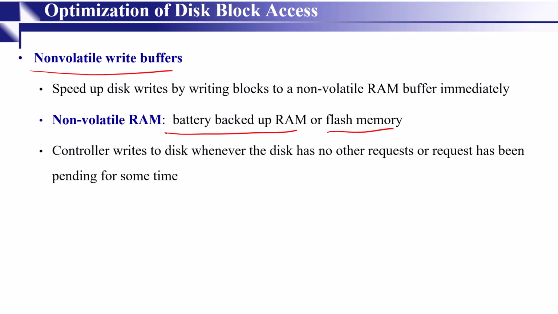The disk controller writes the data to the disk when there are no other requests or if a request has been pending for some time. This approach reduces the latency of write operations, as data can be quickly stored in the buffer while the disk performs other tasks or waits for less urgent writes to be processed.